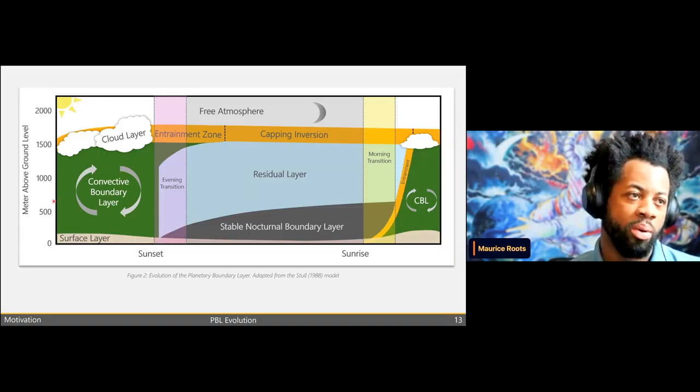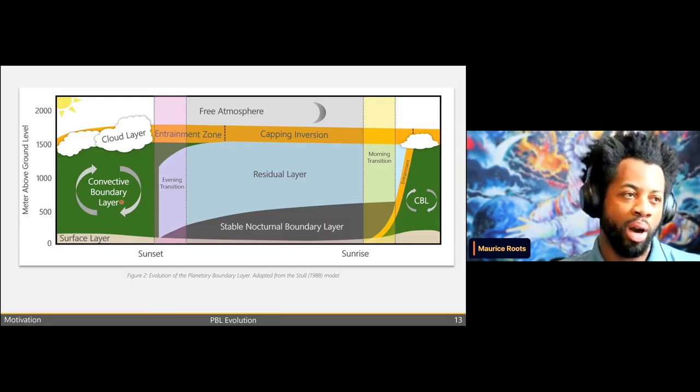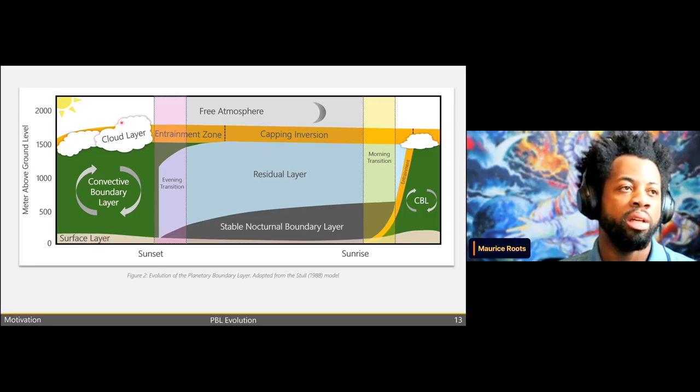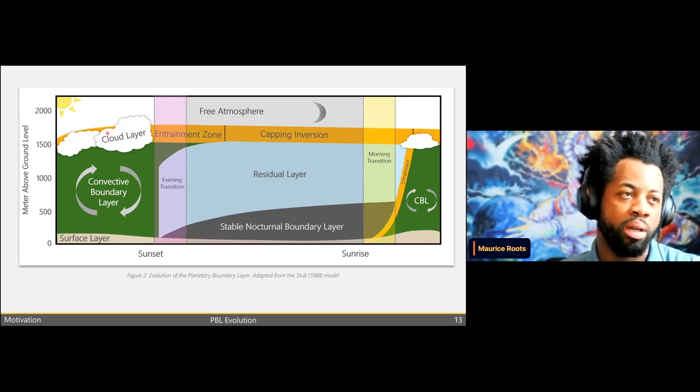During the day, you have the surface being heated, and it rises in elevation because of convection. At some point, the convection, the rise, the heating associated is too far away from the surface to be still coupled. And so that gradient there becomes the planetary boundary layer.